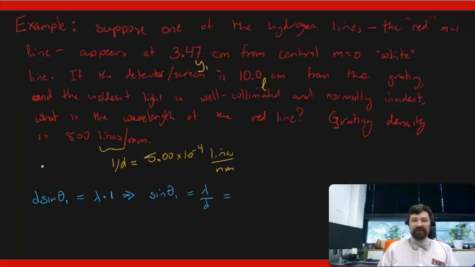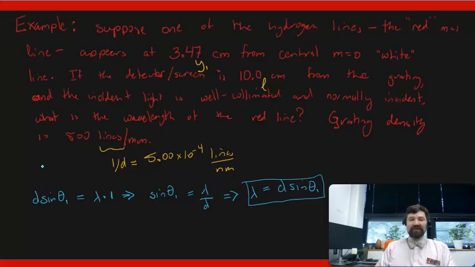That means lambda is equal to d sine theta 1, and we're trying to solve here for lambda. We need to figure out what theta is. Well, tangent theta 1 is equal to y1 over L.